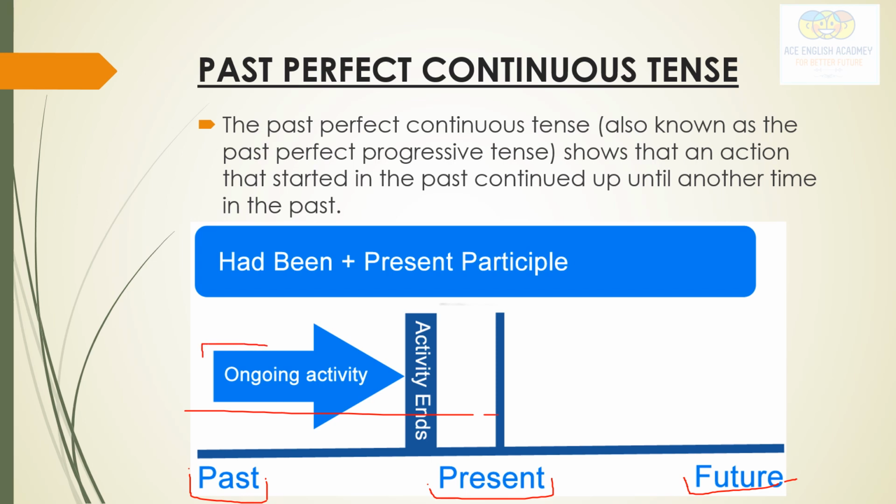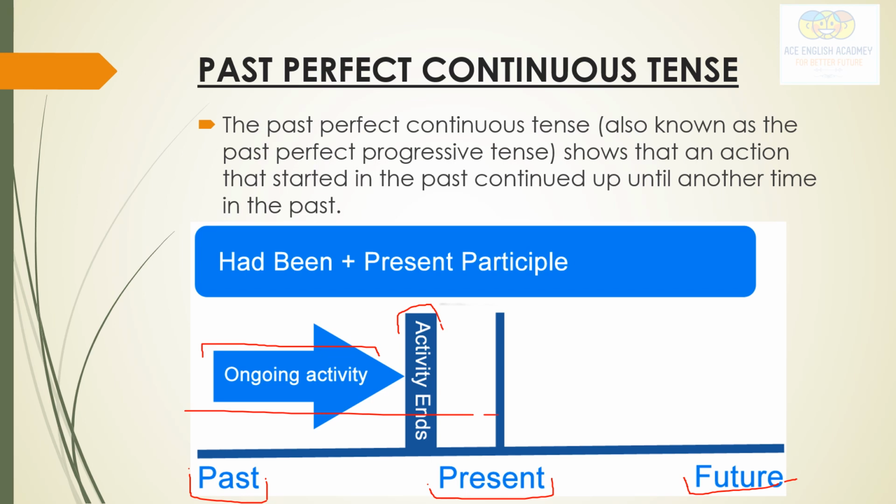This big arrow is an ongoing activity taking place in the past before a specific point in the past. So the duration of this activity matters, when we talk about the duration of this activity before another activity starts here. That is what we use the past perfect continuous tense for.